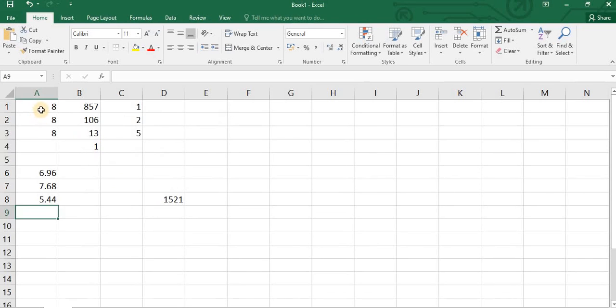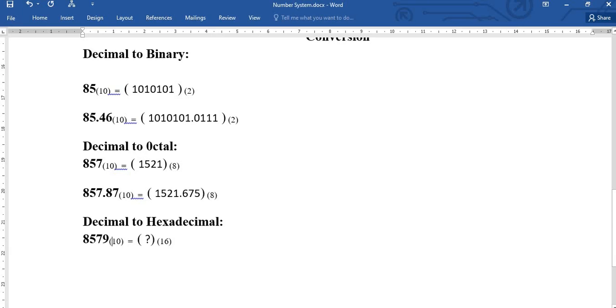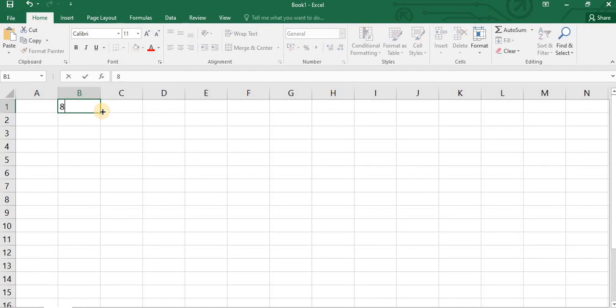What you have to do, you have to divide your number by 16. Write down 8579. You have to divide it by 16.